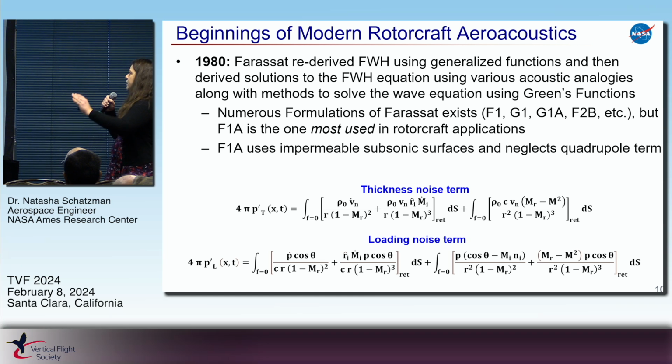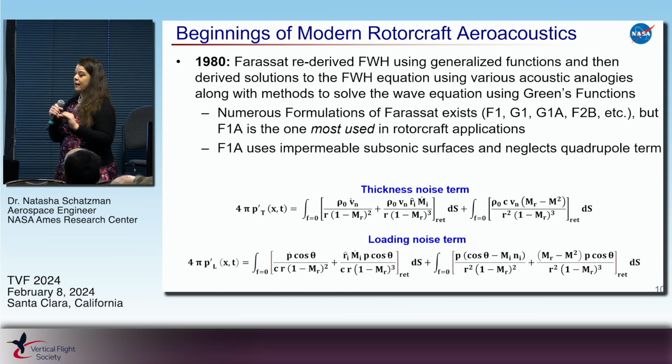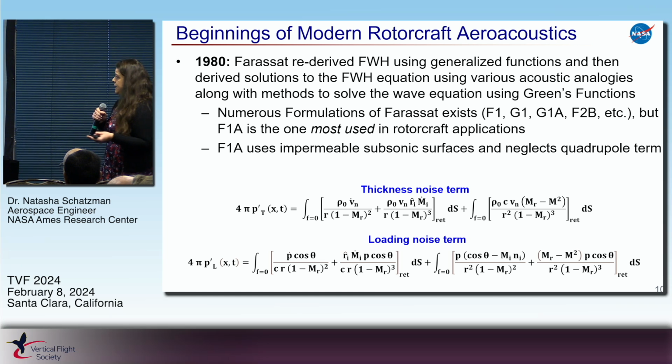You have F1, G1, G1A, F2B, etc. But the most widely used formulation is F1A. Now, F1A uses impermeable subsonic surfaces and neglects the quadrupole term. So no high-speed stuff yet, right?